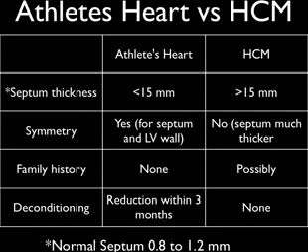Since the body is operating at high training levels, the heart adapts and grows in order to pump the blood more efficiently. Stoppage of exercise for 3 months generally leads to a decrease in the wall and the septum thickness in those with athlete's hearts, whereas those with hypertrophic cardiomyopathy exhibit no decline.